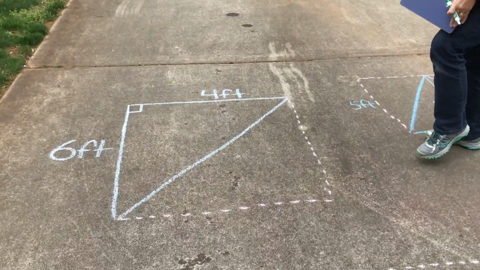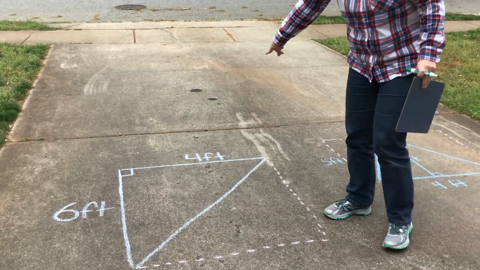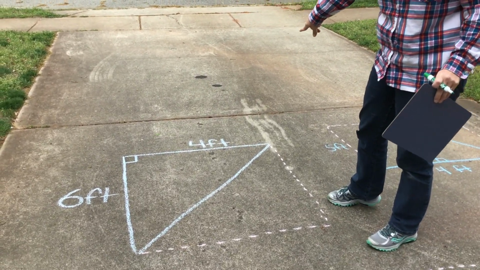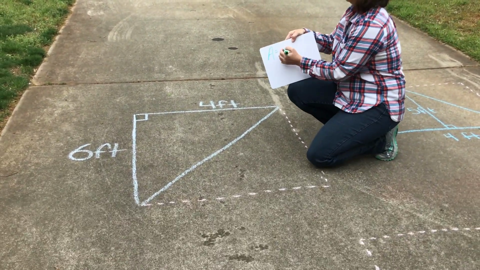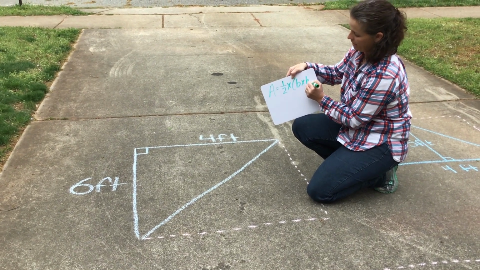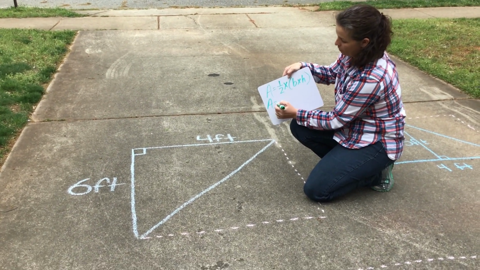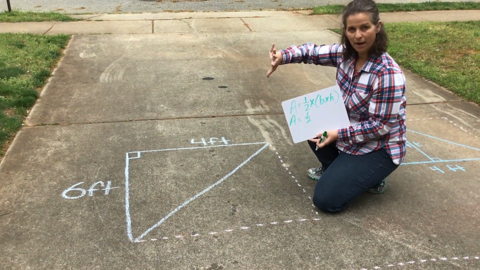Here's my next triangle. I did it again, I didn't give you that one side. So if we have just that light blue triangle, it's 6 and 4, we're going to find the area, which is 1/2 times base times height. So we have 1/2, that's always going to stay the same. The base of this triangle now is sort of upside down.